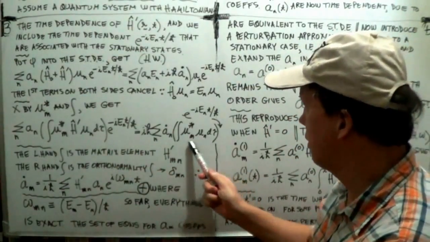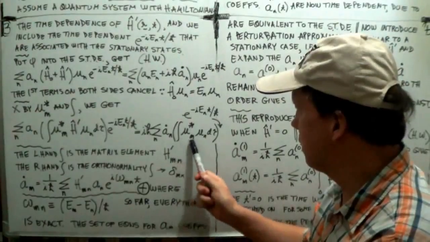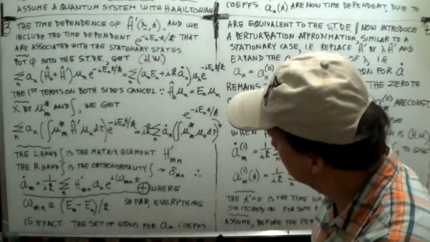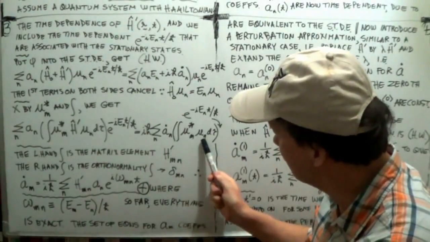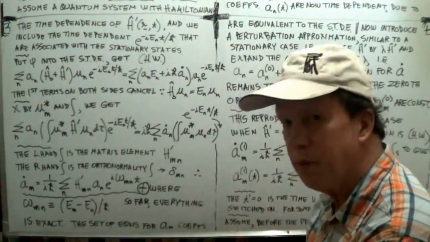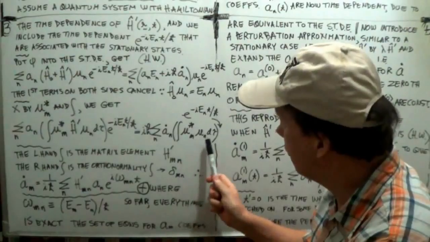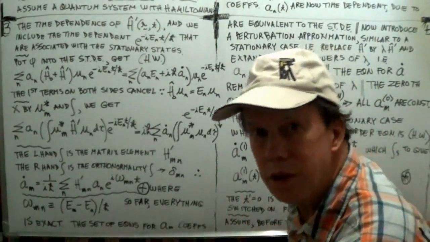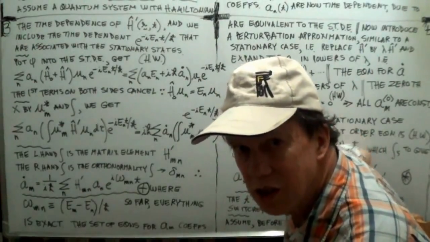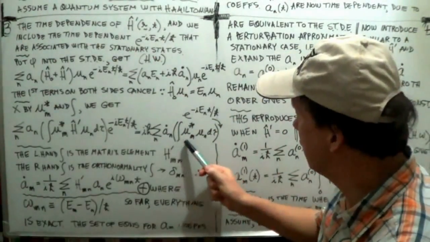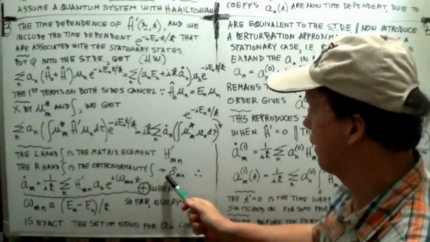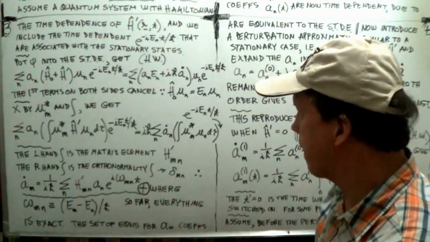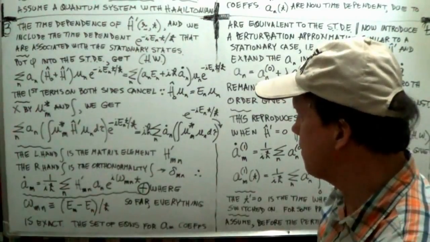Now the right hand side, this term here, is just the orthonormality integral. If m equals n, that integral will be 1, and if m and n are different, that integral will be 0. It's the delta function integral, so you can rewrite this as just delta mn.